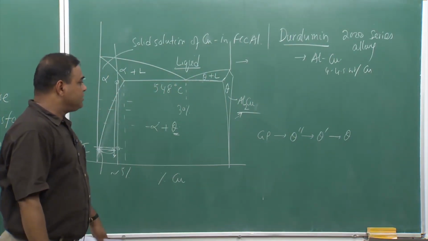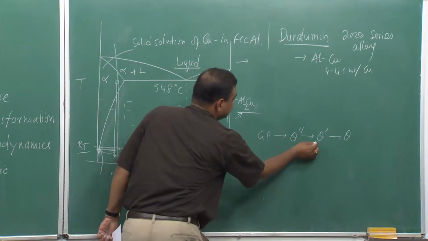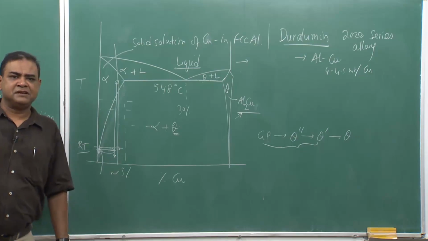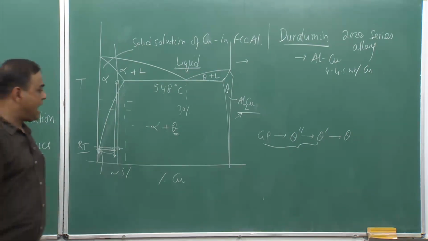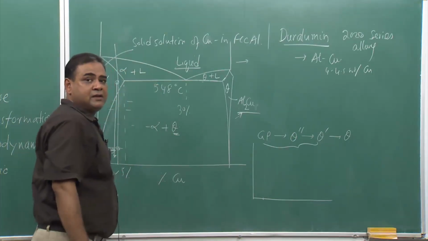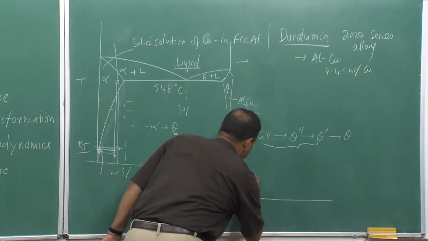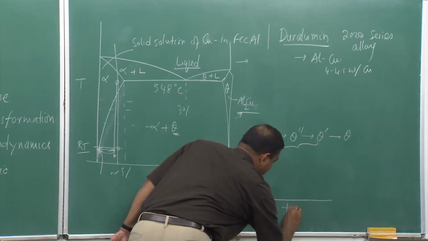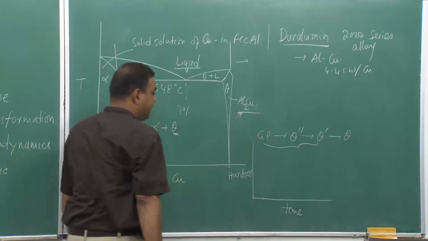Once we have this kind of situation, the hardness increases to a great extent, and we call it precipitation hardening. And the hardness response, if we see the hardness, and this is my time. Why time?